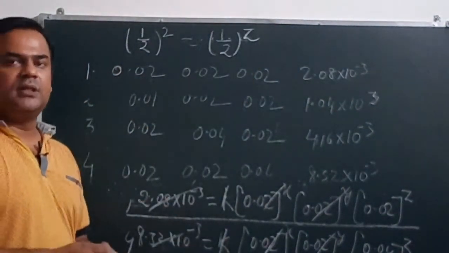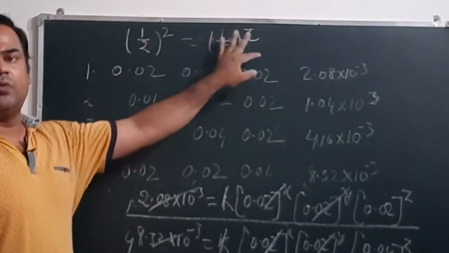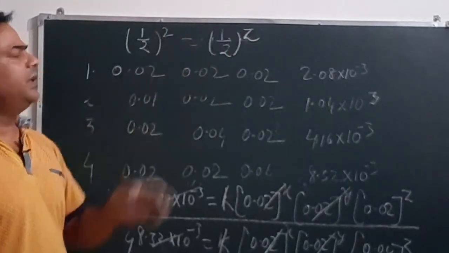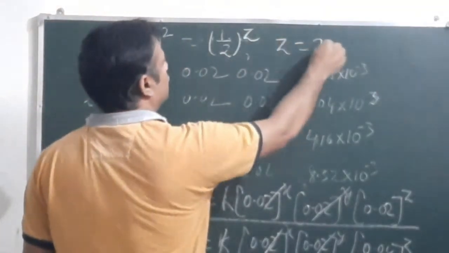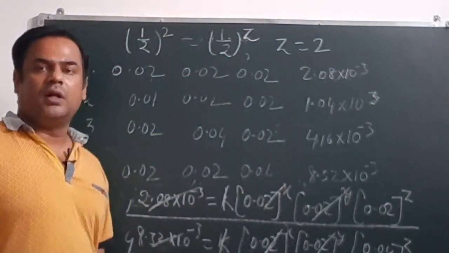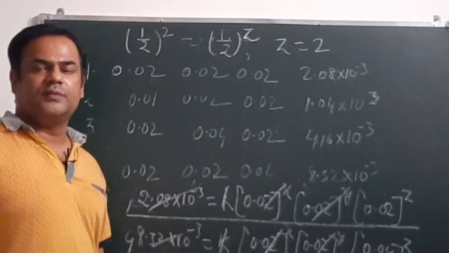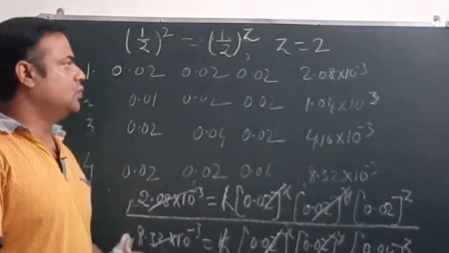Now again you can see the base is the same, values are equal, then the power will be equal. So we can write z equal to 2. So in this case the order with respect to C is 2. Order with respect to A is 1, order with respect to B is 1 and order with respect to C is 2.